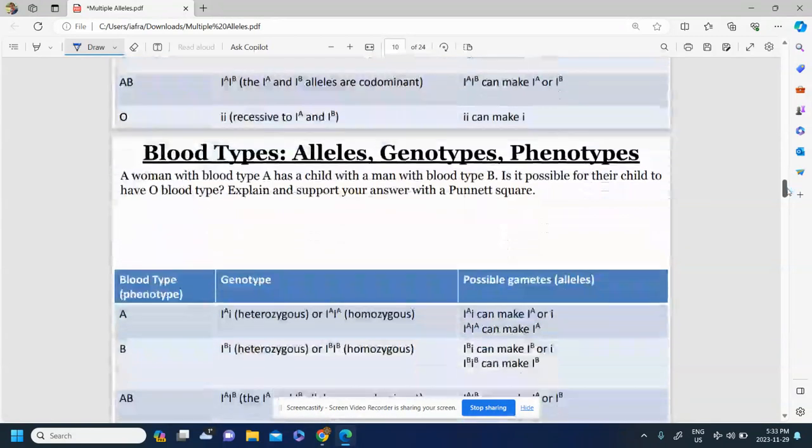Let's do another problem here. A woman with blood type A has a child with a man with blood type B. Is it possible for their child to have O blood type? Explain and support your answer with a Punnett square. So when you're doing these problems, I want you to try to pause the video and try it yourself. So you should have paused this and you should unpause it after you're done. And so remember that type A can be a variety of things.